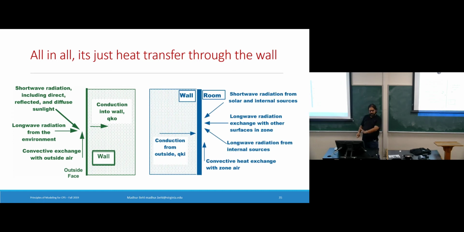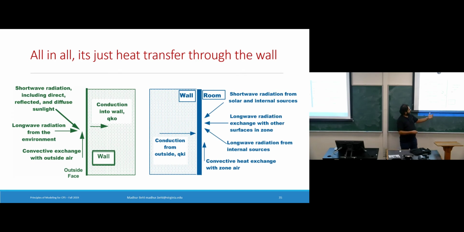Then you can think of the other half of the wall. There's no literal half, I'm just abstracting it out, where this conduction flow going through the wall is going to change the temperature of the inside surface of the wall. That change in temperature will have a convective heat transfer with the air inside the zone.